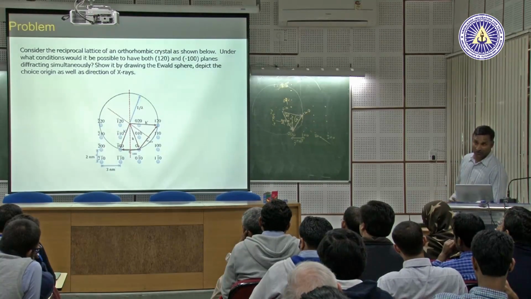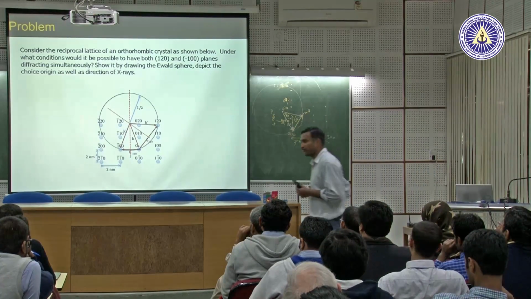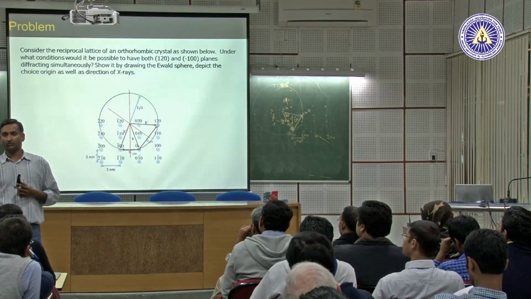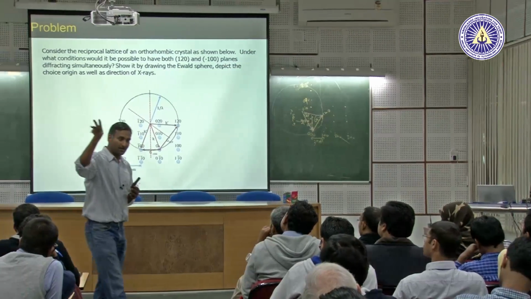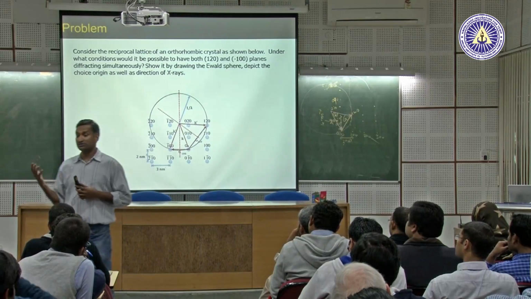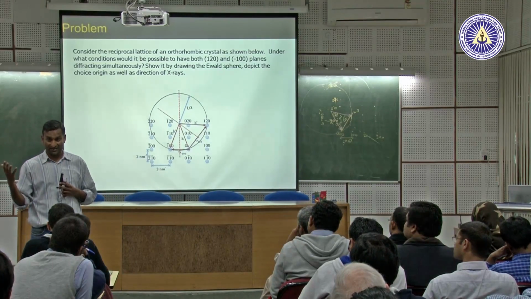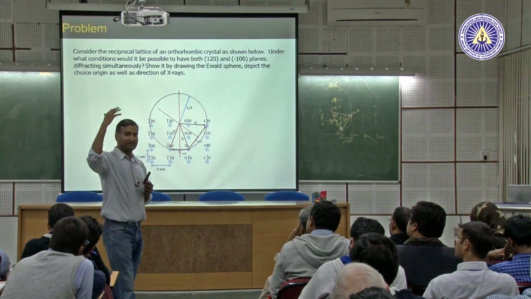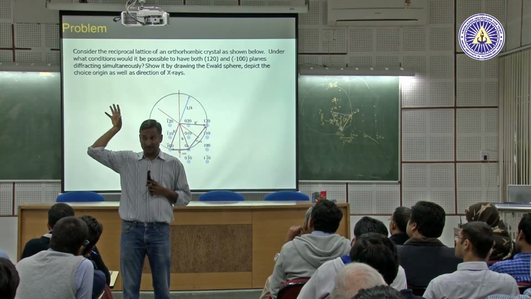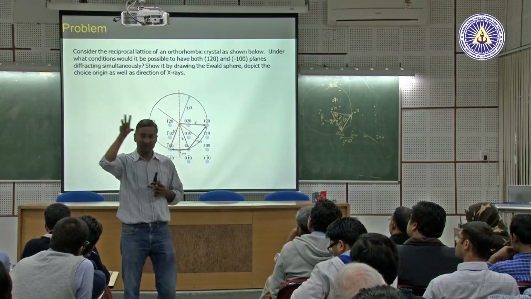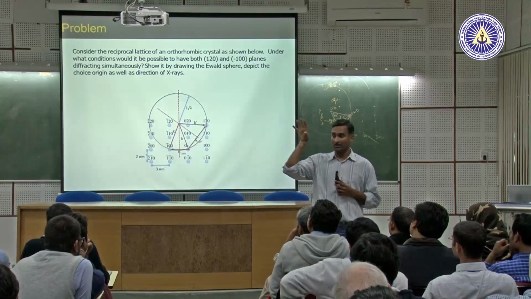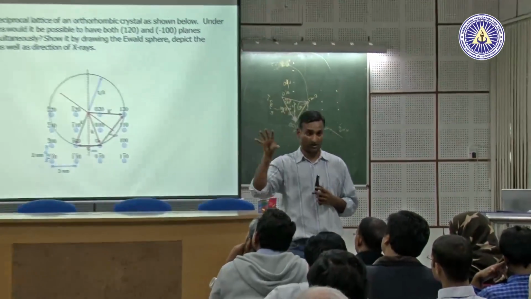All right. So this is the utility: Bragg's law tells you that you choose a particular combination of HKL, and it tells you at what angle the diffraction will occur. This tells you that if you draw a reciprocal lattice and superimpose it with the reciprocal of the wavelength circle or sphere, the condition is that the surface of the circle or sphere must intersect with the point on the reciprocal lattice for diffraction to occur.